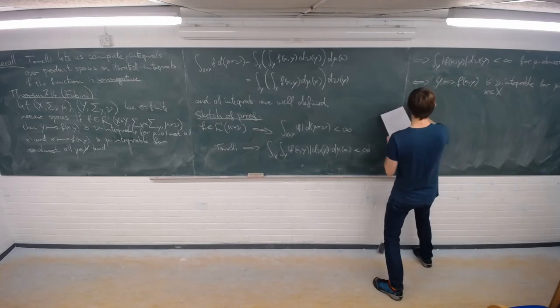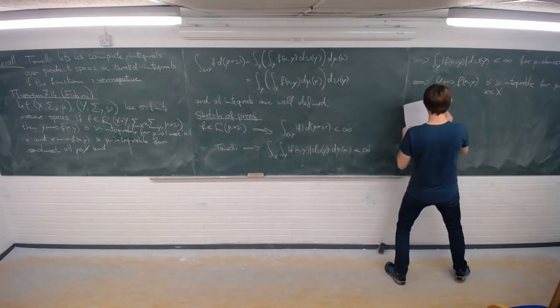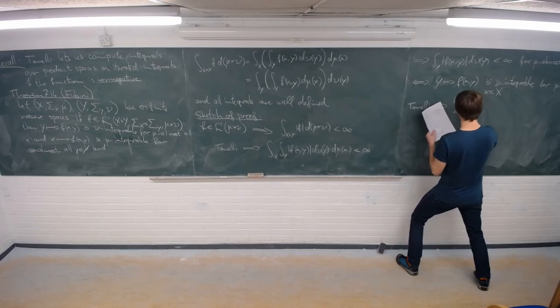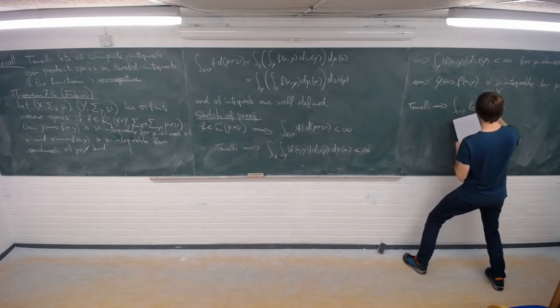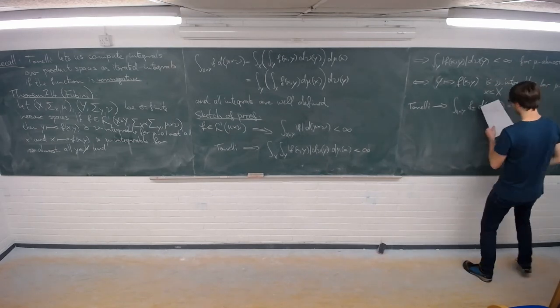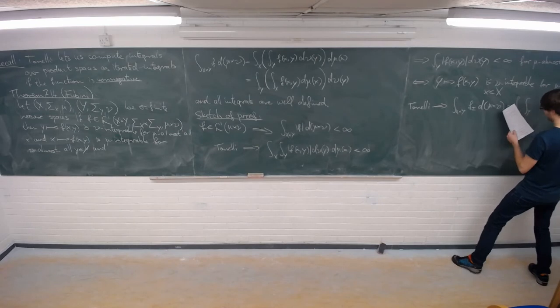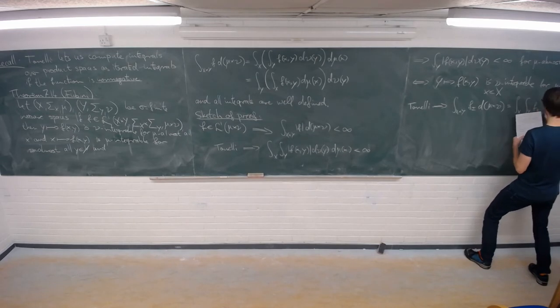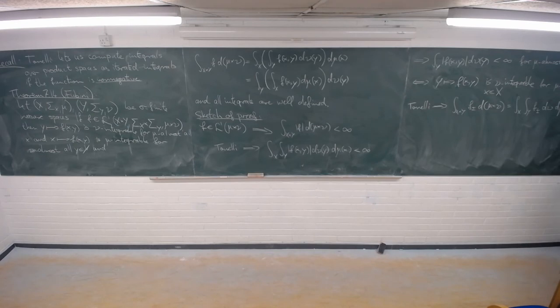So again, Tonelli implies that the integral over x times y of f plus minus, d mu times nu, is the same as the integral over x of the integral over y of f plus minus, d nu d mu.